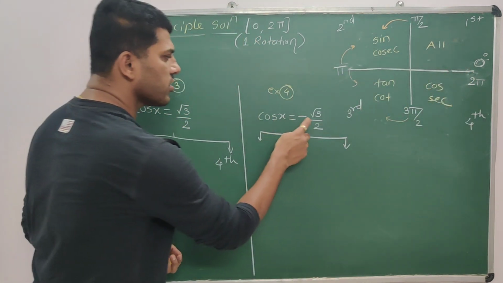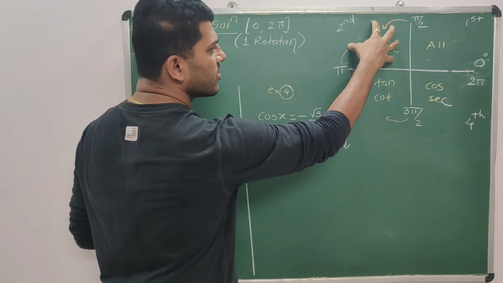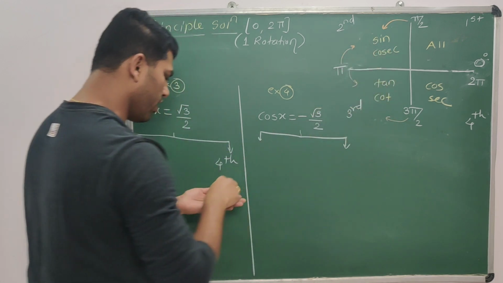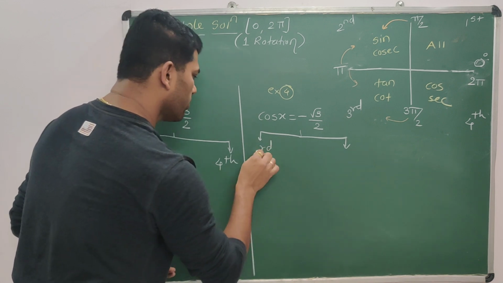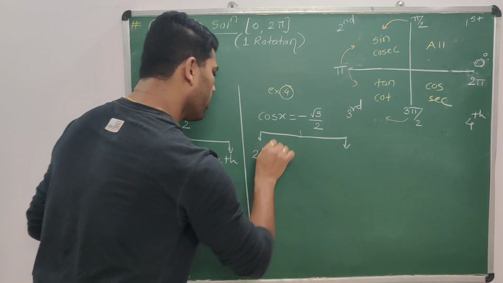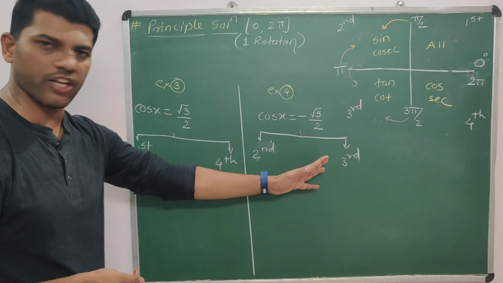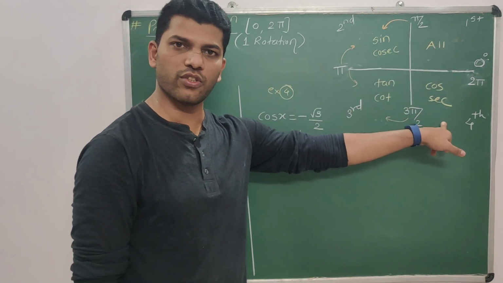What about cos negative? If cos is negative, then the solution lies in the second quadrant and the third quadrant, in which cos is negative. See, understand, it depends on whether the value is positive or negative. If cos is positive, the solution lies in the first and fourth quadrants.